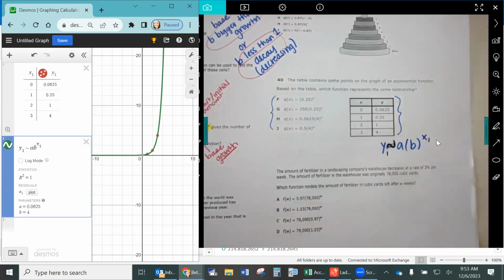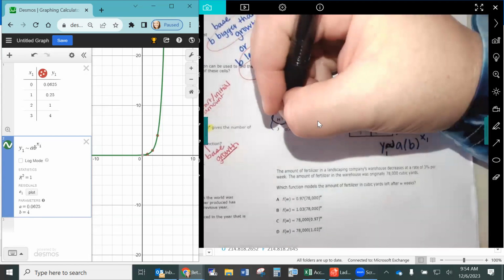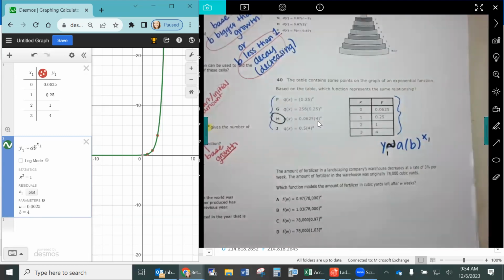Okay. And then I'm looking at each of these answers to see which one matches. So my 0.0625 needs to go where my A is, which is in the front. My base needs to be a 4, which I can see right here happens in letter H.